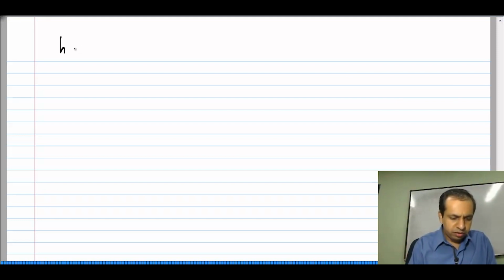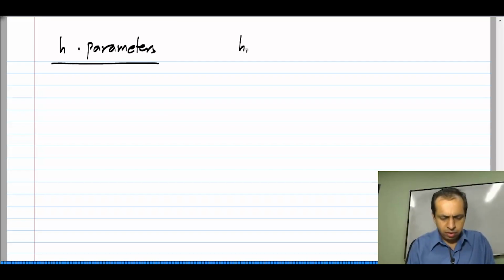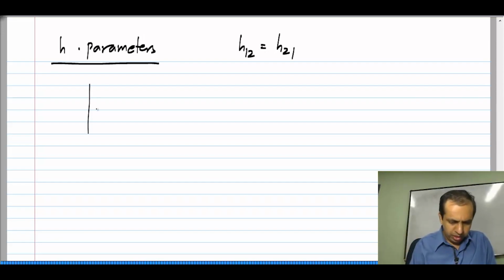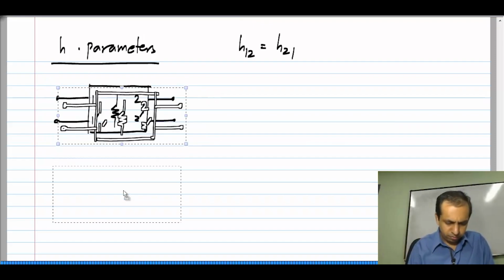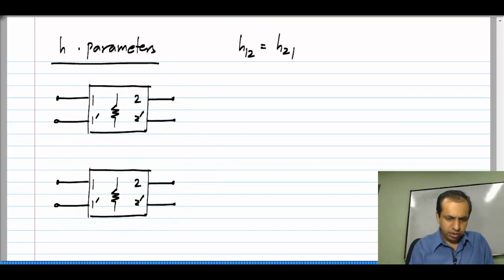And if we do it with H parameters, we will have H12 equals H21, and this is my resistive two-port.